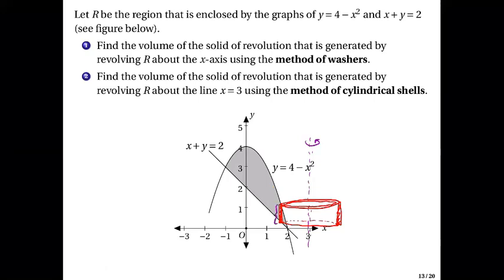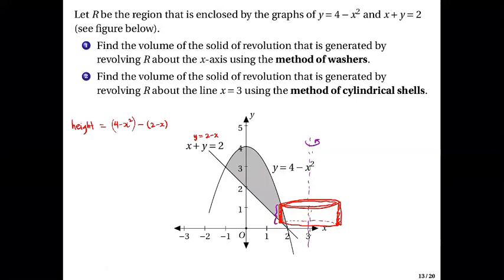So it's the above function minus the below function. So height is equal to the above function, which is 4 minus x squared, minus the below function, again, y equals 2 minus x. So you have 2 minus x. That's the height.